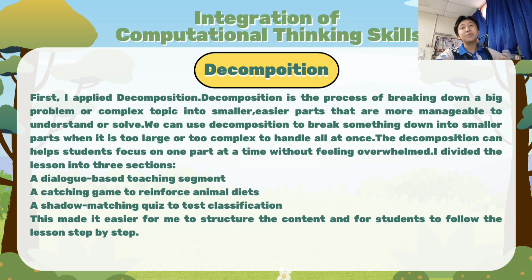I will explain herbivores, omnivores, and carnivores to the student and give examples, like storytelling. Secondly, a catching game to reinforce animal diets. Lastly is a shadow matching quiz to test the classification.